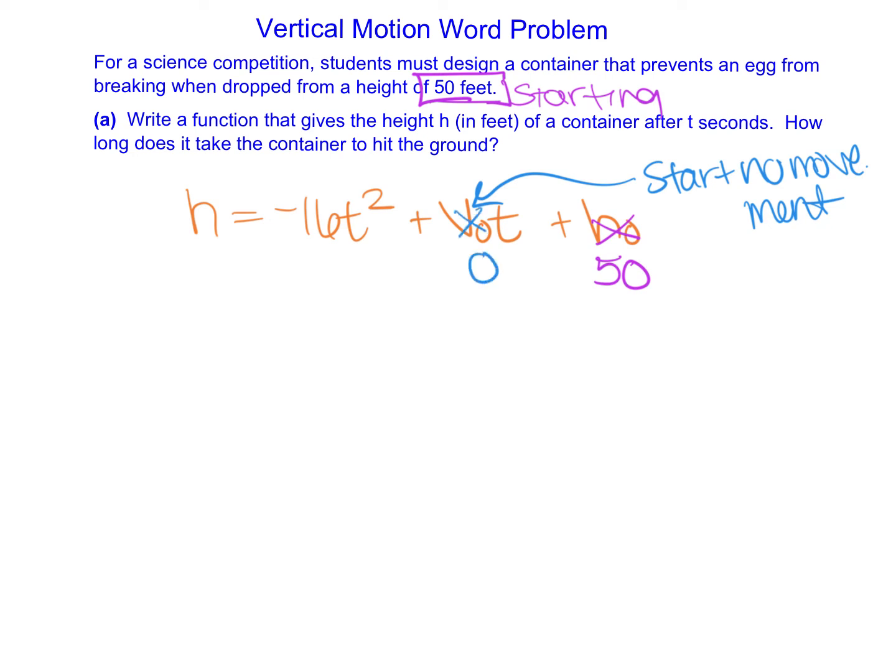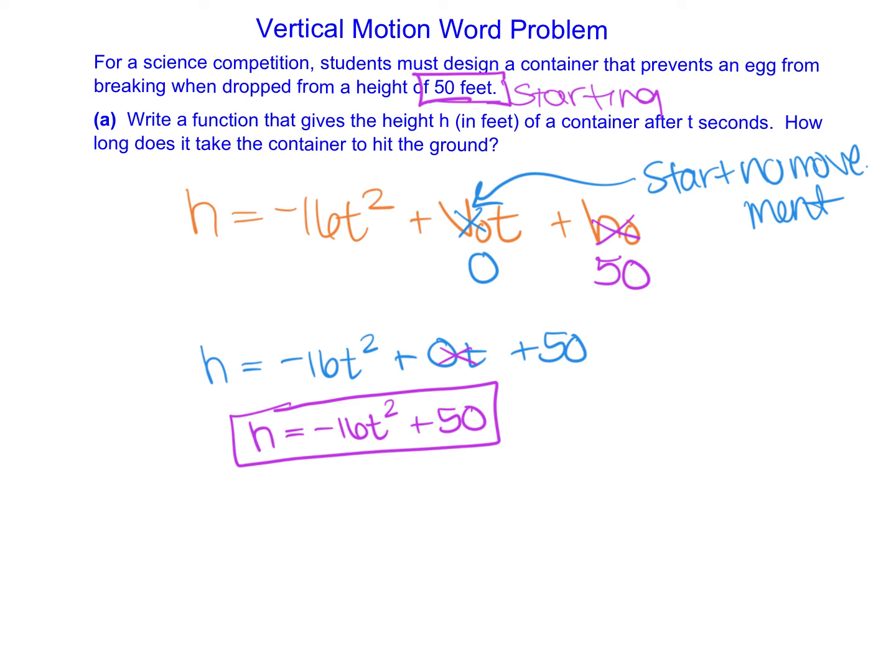So we have our equation here, and we can fill in h equals negative 16t squared plus 0t plus 50. And when I look at this, I notice that 0 times anything is 0, so this really doesn't need to be there. My equation for this particular situation is just negative 16t squared plus 50. So this is my function for this situation.